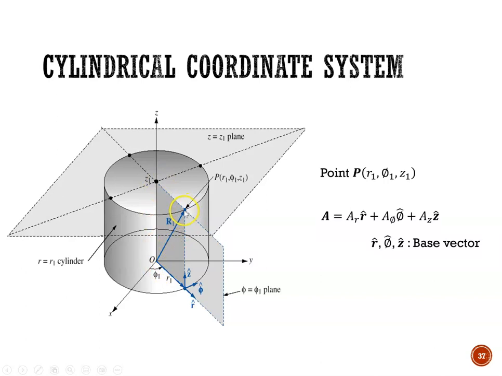Okay, so point P would be around here, and it gives you the vector A. So A consists of Ar r hat plus A phi phi hat plus Az z hat. So instead of having x, y, z, now for cylindrical you will have r, phi, and also z. So r hat, phi hat, and z hat are the base vectors for the vector in cylindrical coordinate system.